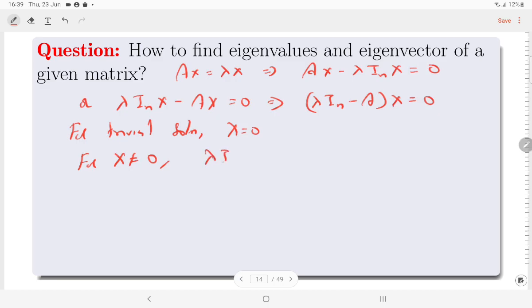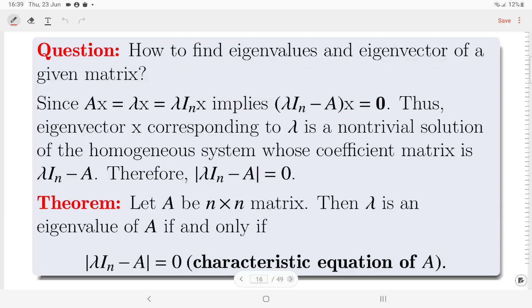It means its determinant should be equal to 0. If it is invertible, which means if its determinant is non-zero, then we will get x is equal to 0. So for a non-trivial solution, I must consider the determinant of lambda In minus A equal to 0. That gives me the values of lambda. So this equation, determinant of lambda In minus A equal to 0, is known as the characteristic equation of A.